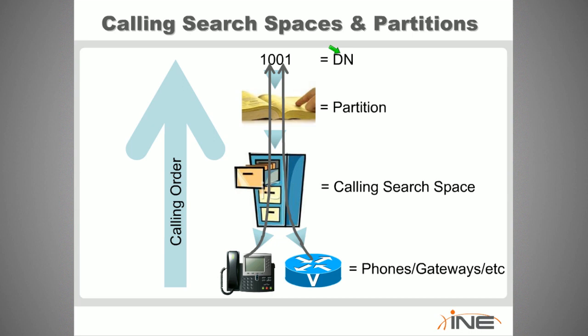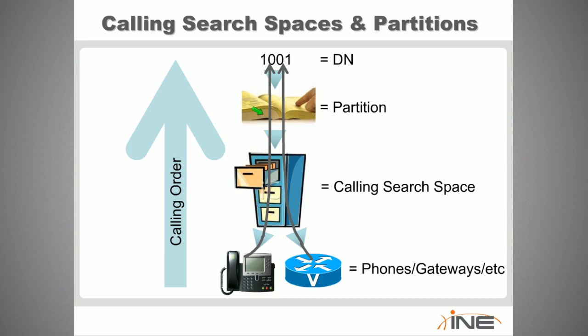Okay? So once again, I know I sound like I'm beating it into your heads, but DNs or patterns fall within partitions. Even the none partition is a specific partition. Those fall within calling search spaces, and calling parties, inbound calls. So if I pick up a phone and I pick up the handset, I am making an inbound call into CUCM.